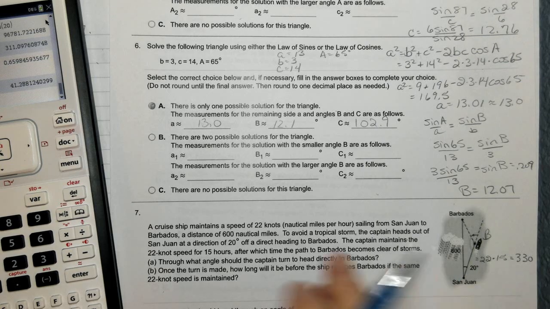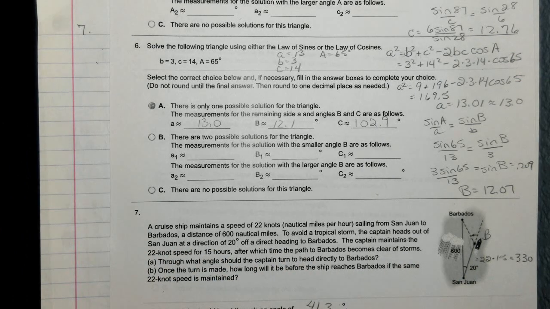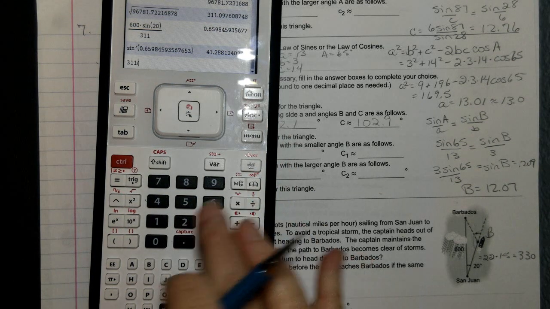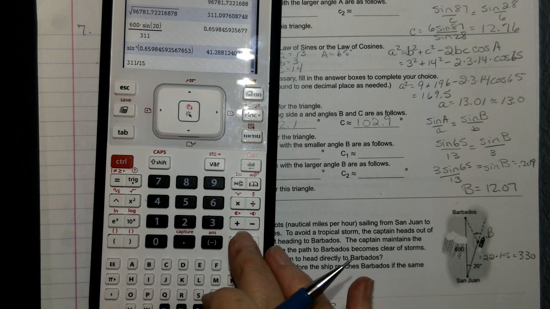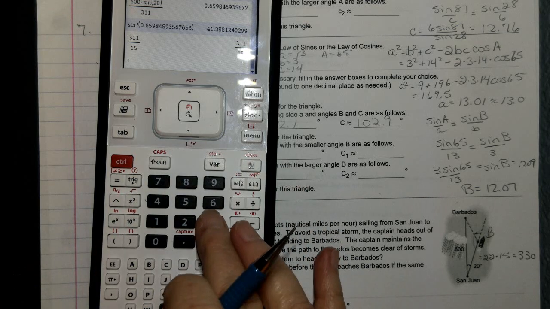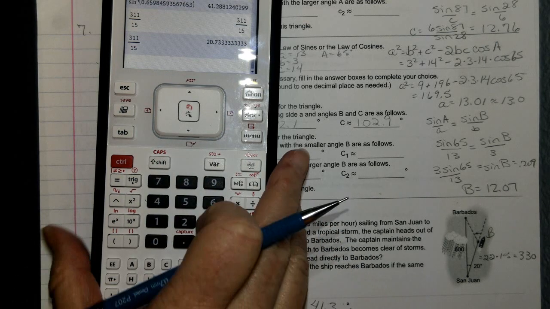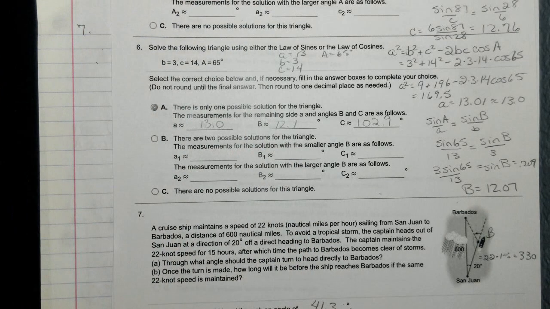We have the length was 311, and so we'll take 311 divided by 15 knots per hour. Let's try that again. 311 divided by 15, and I get, what did I just do wrong there?